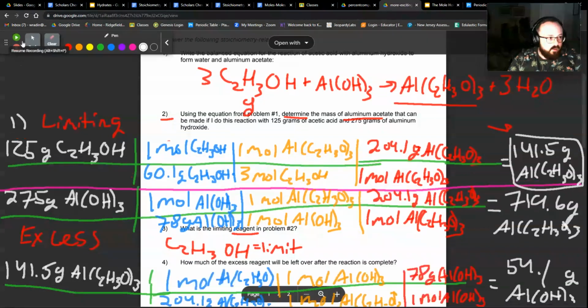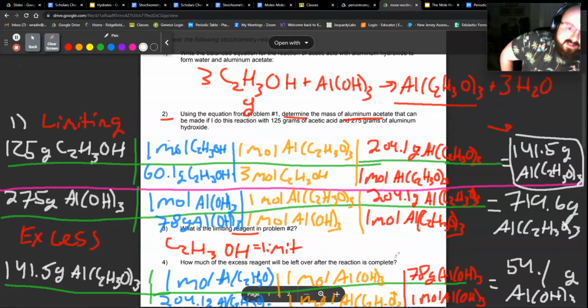All right. I never want to write all these subscripts. They are so tough with the mouse. You can see the quality of my writing deteriorates as I do this equation. But I get a final answer of 54.1 grams of aluminum hydroxide. So what this means is I started out with 275 grams, and I only used up 54.1 grams of aluminum hydroxide.